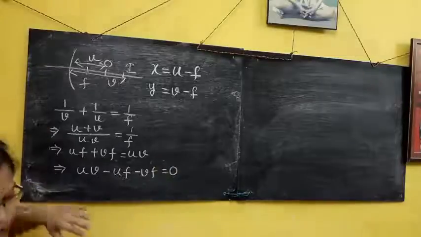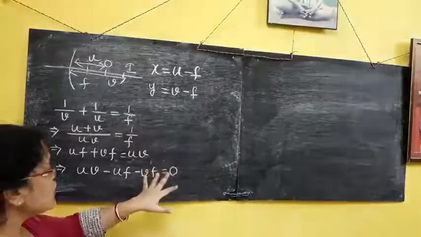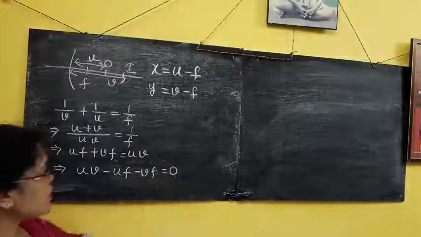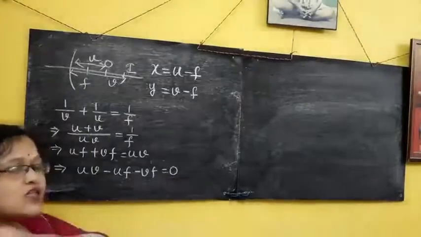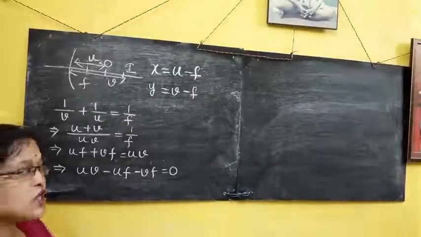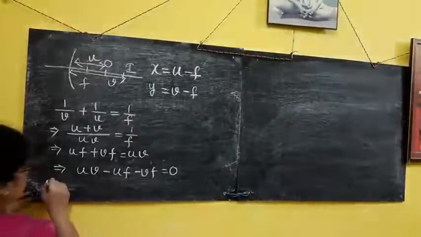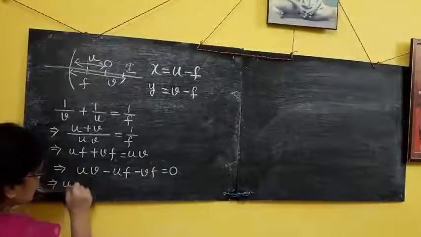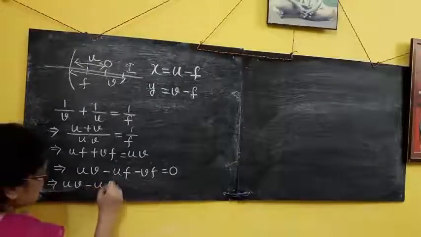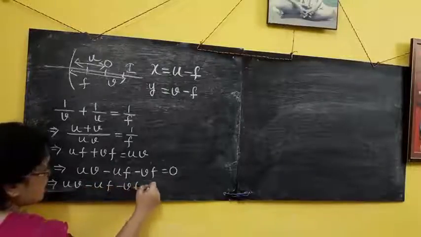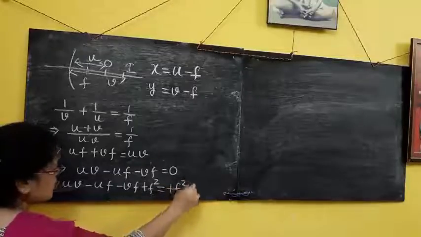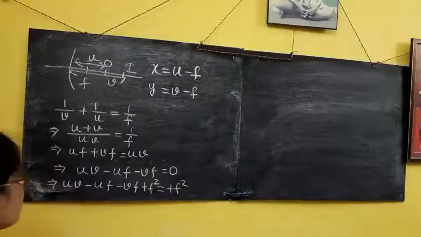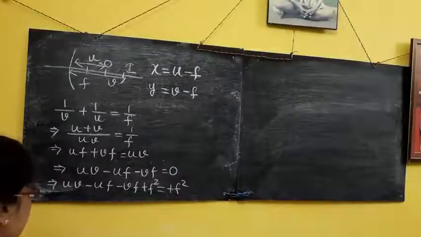Now intentionally on both sides I will add plus f square. If on both sides I add the same thing, that will not change my equation. So uv minus uf minus vf plus f square here and plus f square here. Clear?